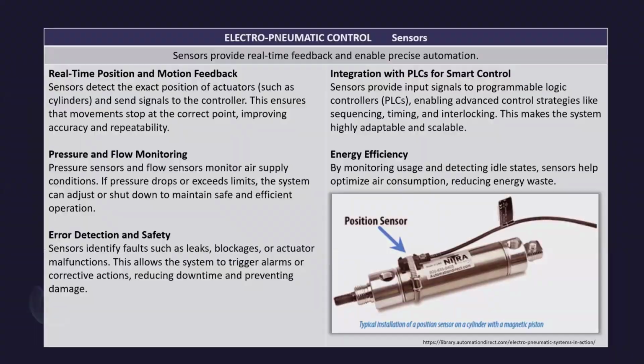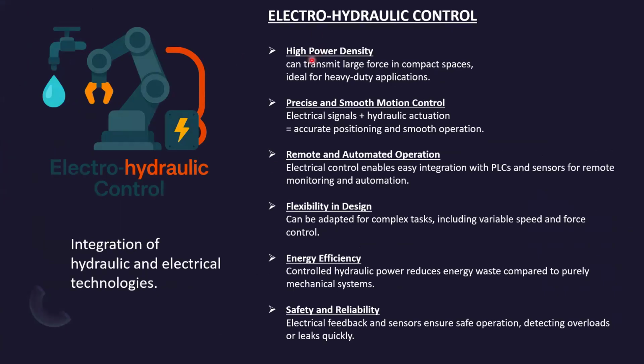Okay, cool. Now, this is where we stopped last time: electrohydraulic systems. We talked about the electro-pneumatic systems, and now we're going to talk about electrohydraulic systems. Comparing to pneumatic systems, we're going to have high power involved.